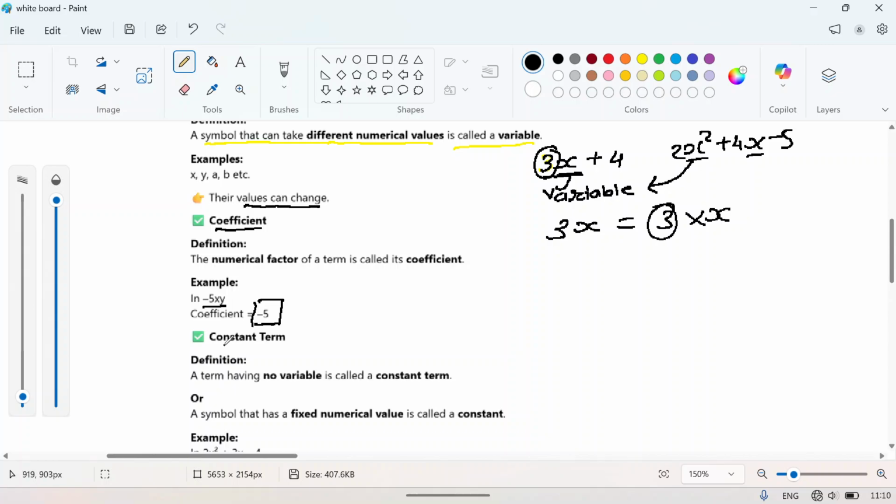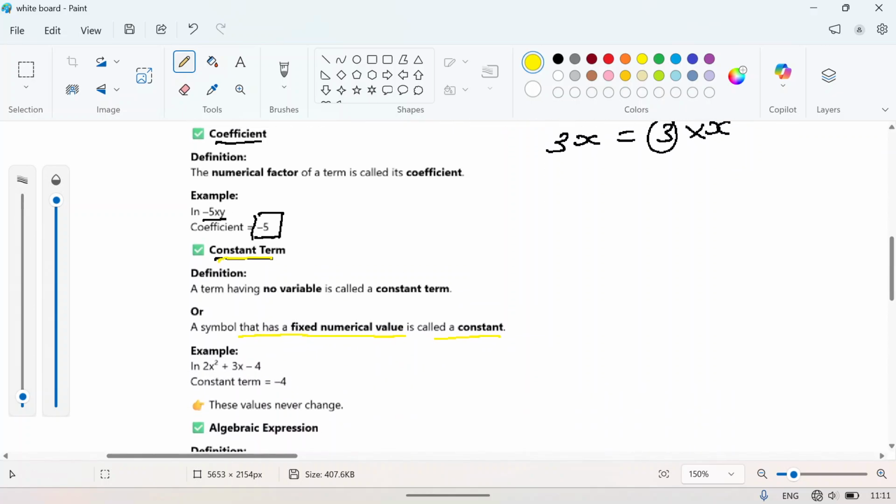Move to the next terminology, constant term. The constant term is the part of an algebraic expression which has a fixed numerical value. In another way, a symbol that has a fixed numerical value is called the constant term. Suppose the example 2x squared plus 3x minus 4. In this algebraic expression, minus 4 is the constant numerical value which is never going to be changed.